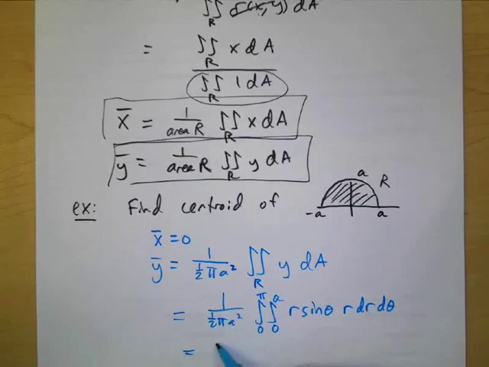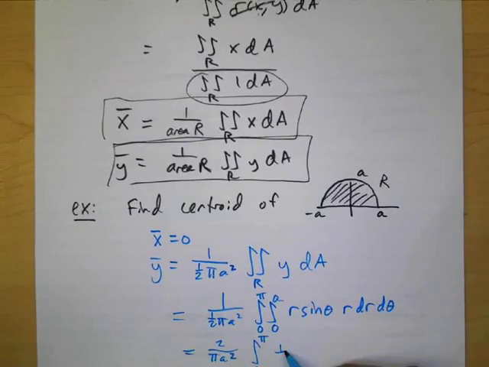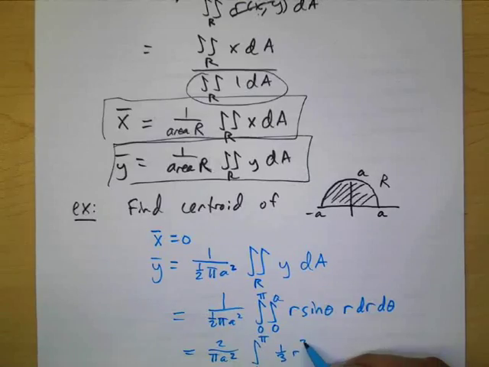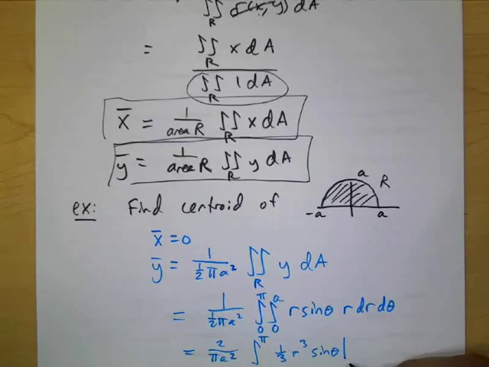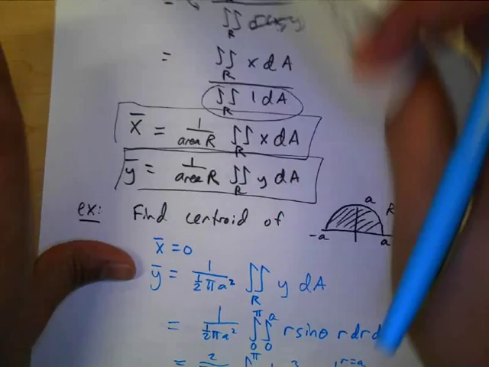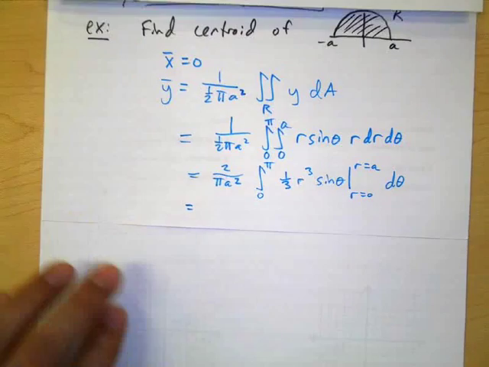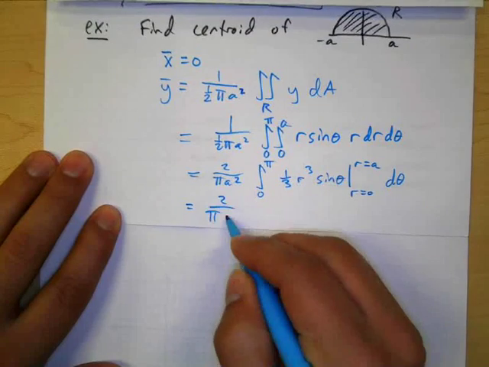Let me just write this as 2 over pi a squared. The integral of r squared becomes 1/3 r cubed sine theta, evaluated from r equals 0 to r equals a. So then that's 2 over pi a squared.